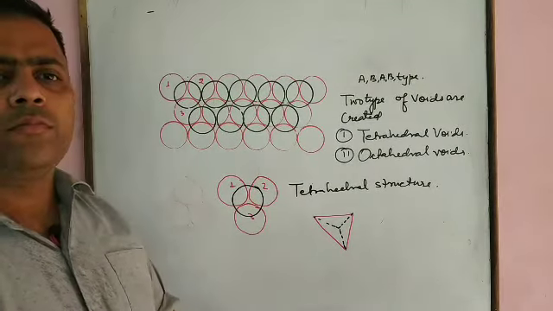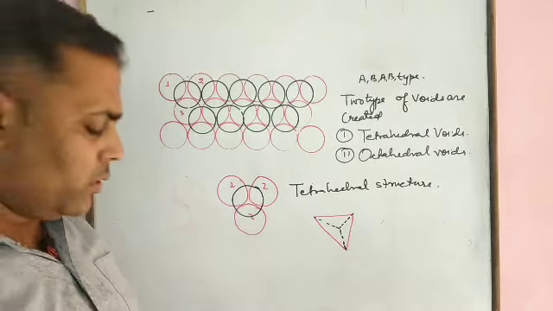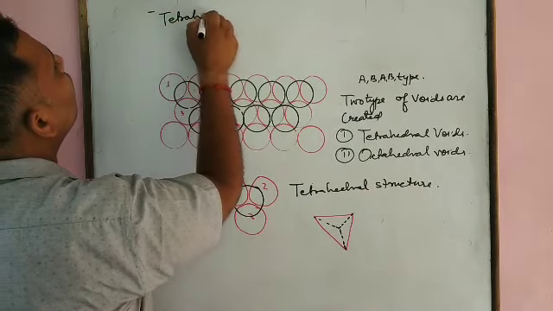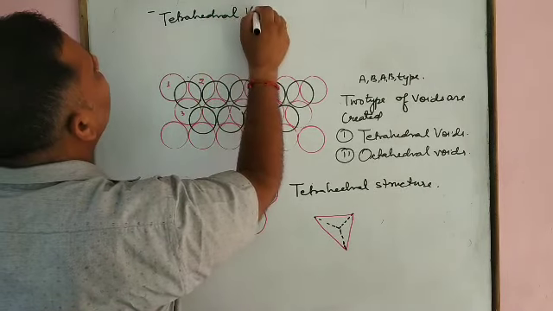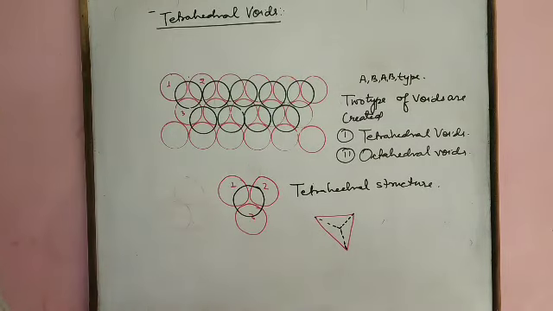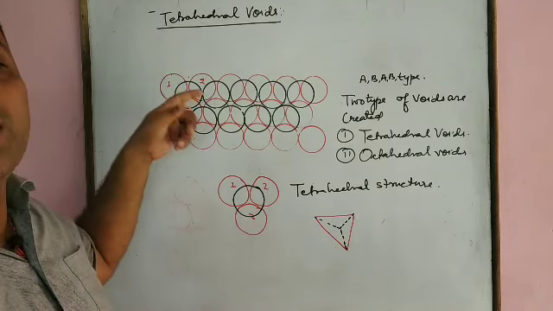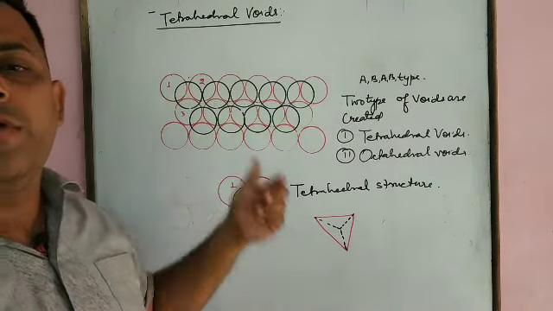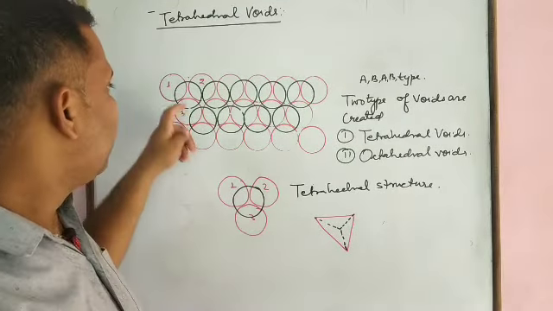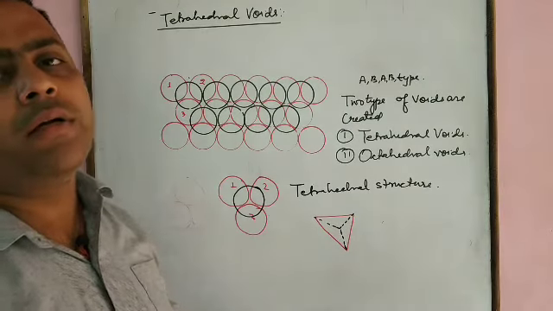Next, by this, we will define what tetrahedral voids are. How can we define? If the sphere of the second layer is just above the voids of the first layer, then this type of void is termed a tetrahedral void.